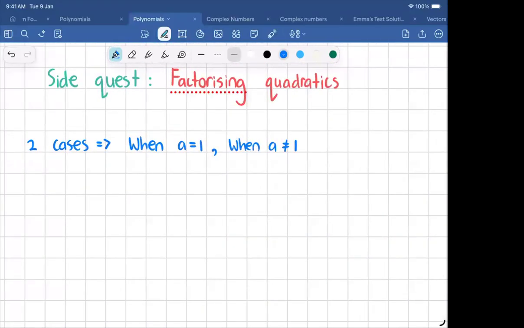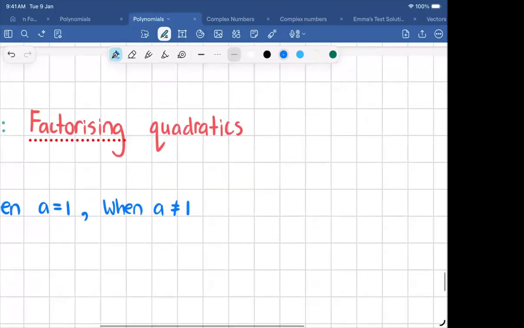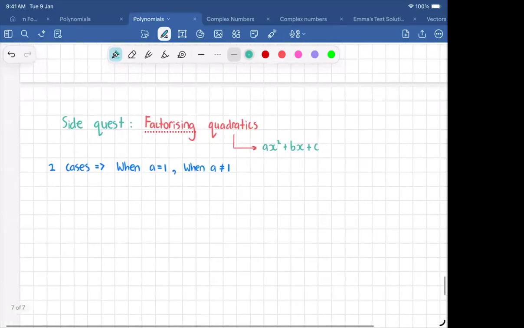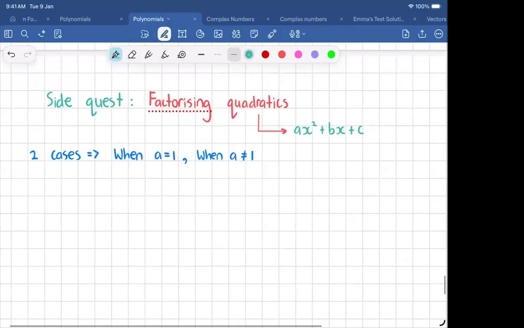You should remember that a quadratic always has the form ax squared plus bx plus c. That's the form of a quadratic. So let's look at some examples, and the first case we're going to look at is when a is equal to 1.